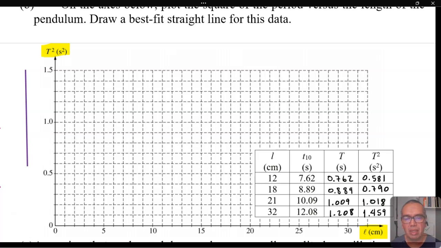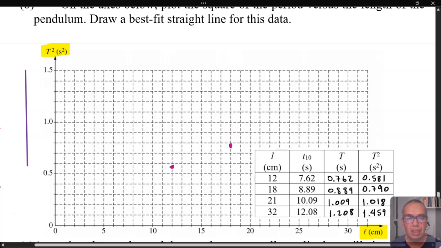So because the length is in centimeters, you are here at 12 centimeters and 0.581. That's approximately here. Then you have 18 centimeters and 0.790, which is a little below 0.8.